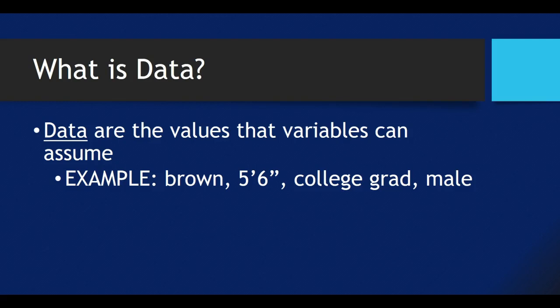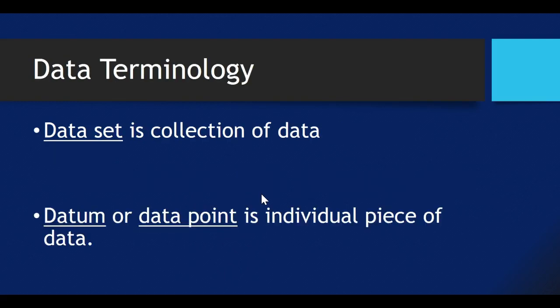The data is brown, right? College graduate, male, male is a piece of data. Gender is the variable. That's pretty straightforward. So data are the values. Notice that when I say values, I don't just mean numeric. We can mean qualitative or quantitative values.